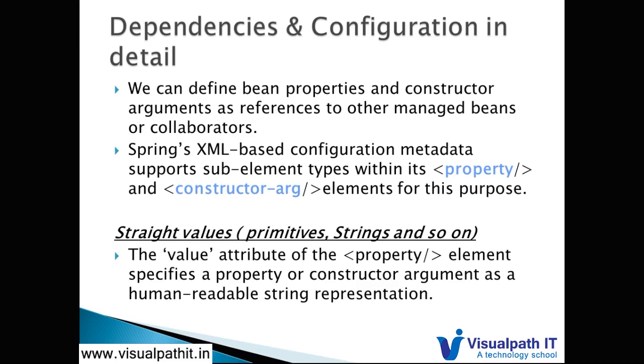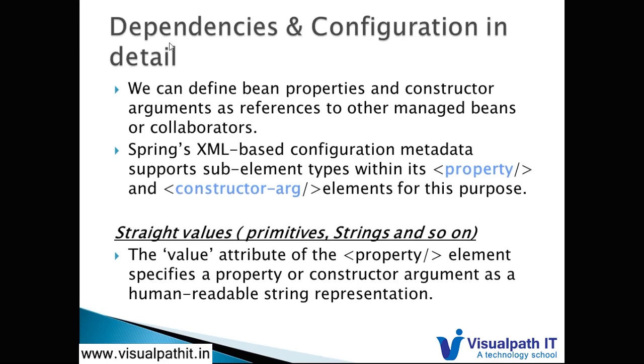So mainly the bean properties and the constructor arguments can be passed as references from one bean to another, which makes the collaboration happen. So the Spring XML based configuration metadata supports sub-element types within its property and constructor arg elements for this particular purpose, that is for collaboration.